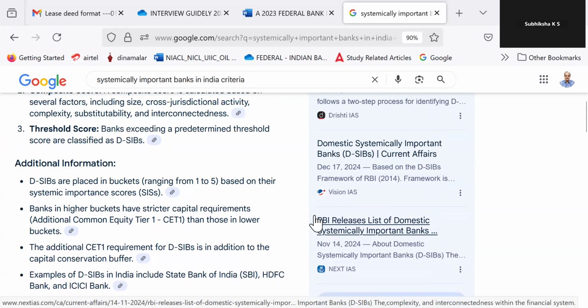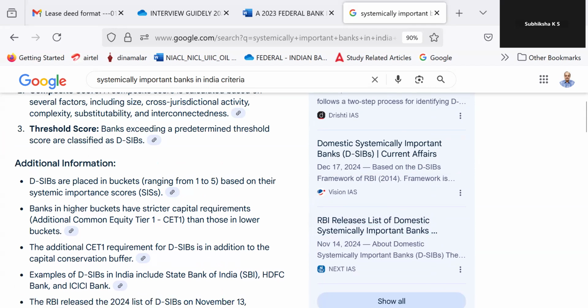Additional information. DSIBs are placed in buckets ranging from 1 to 5 based on their systemic importance scores (SIS). Banks in higher buckets have stricter capital requirements, additional common equity tier 1, than those in lower buckets.